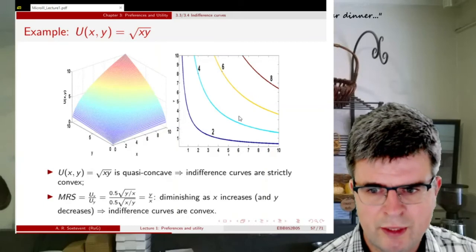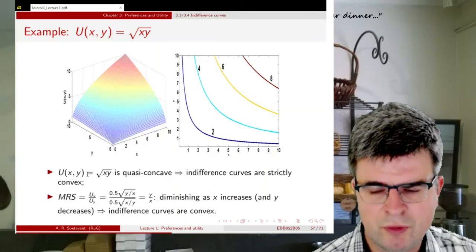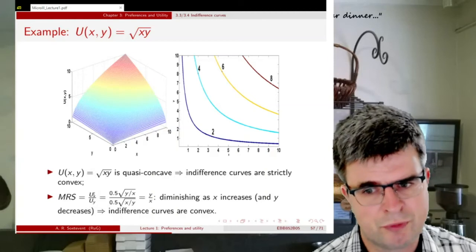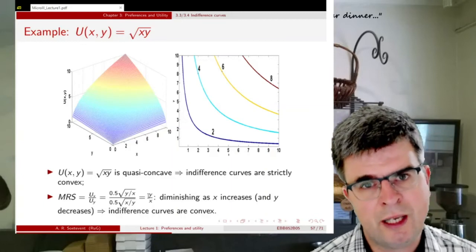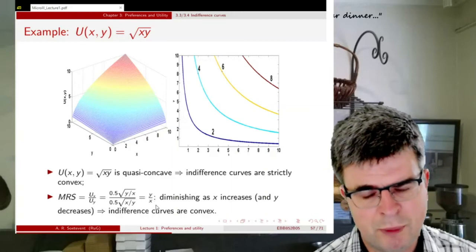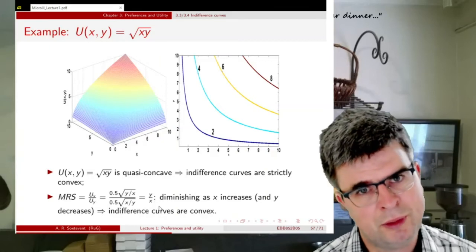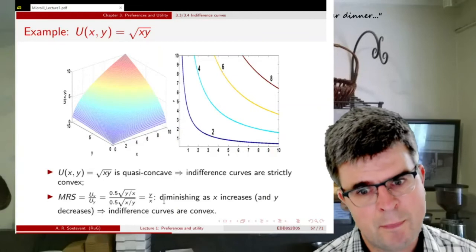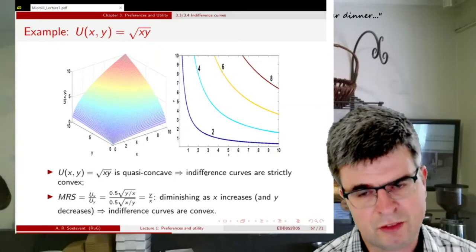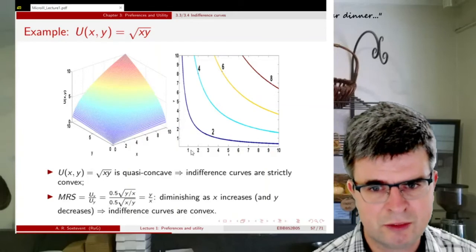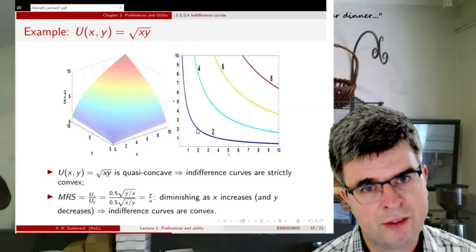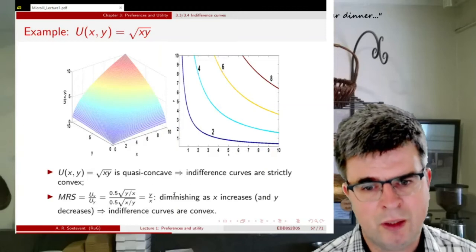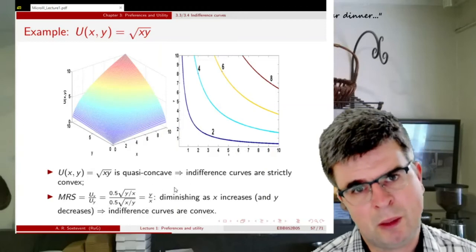Now, computing the marginal rate of substitution, we are given a utility function, so we can take the derivative of this utility function with respect to x and also with respect to y, and you get a marginal rate of substitution equal to y over x, which means that this marginal rate of substitution is diminishing in x, because if we increase x and at the same time y decreases, so if we move along this indifference curve in the direction of an increasing x, then at the same time y is decreasing, and we have a marginal rate of substitution that becomes increasingly smaller.